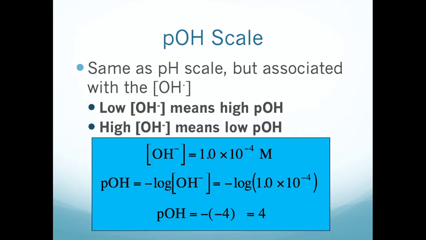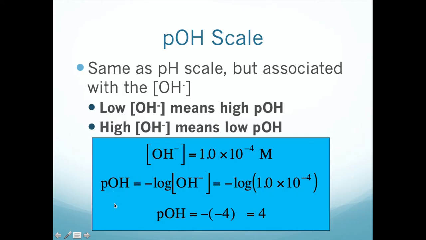But the key thing to realize here is that we calculated our pOH from our OH minus concentration. So in order to find our pOH, we've got to take the negative log of OH minus. So please note that what's in your square brackets lines up with what's after the P here.